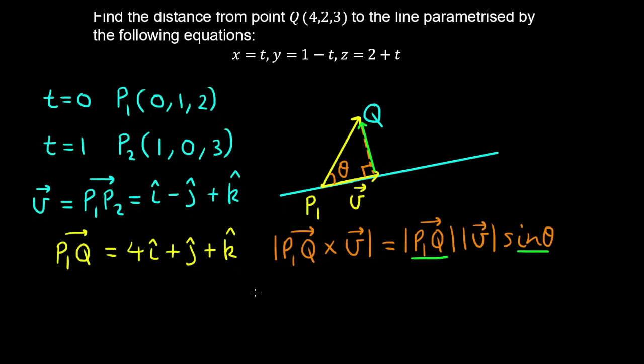So therefore we can compute the distance to the point Q as the magnitude of the cross product between P1Q and V on the magnitude of V.